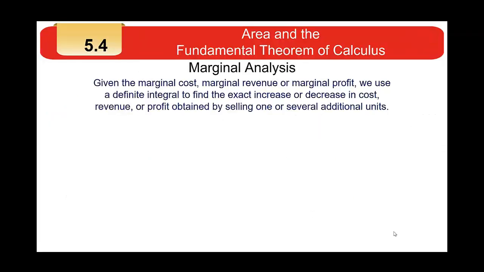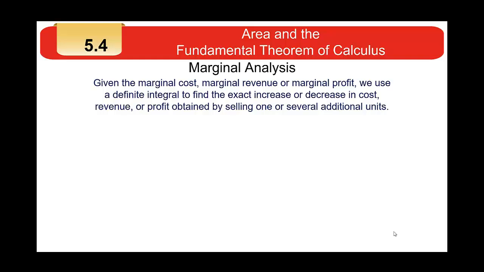Another example of the use of a definite integral is in marginal analysis. In other words, you know the marginal cost of some product, or the marginal revenue of some product, or the marginal profit of some product, and you want to figure out the exact increase or decrease in your either cost, revenue, or profit, depending on which function you're working with, obtained by selling maybe just one additional unit or possibly multiple additional units.